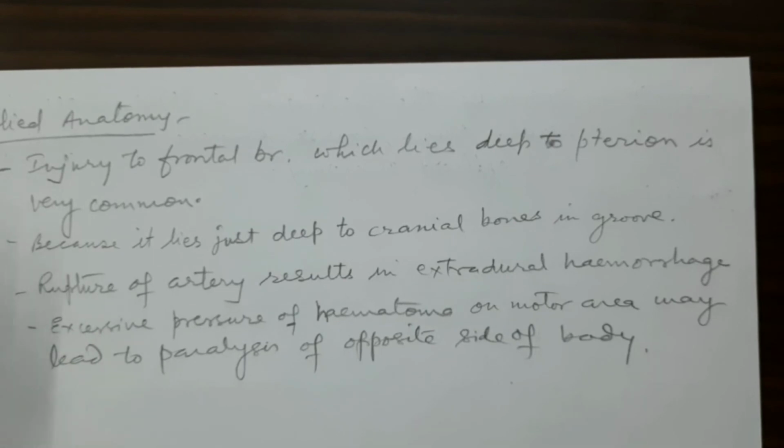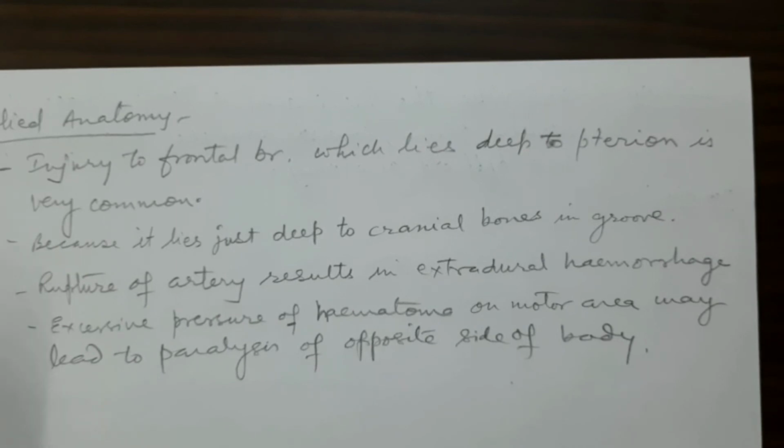As I said, the frontal branch ascends in front of the central sulcus, very close to motor area number 4. Compression onto this area because of the excessive bleeding will lead to paralysis, a motor failure.